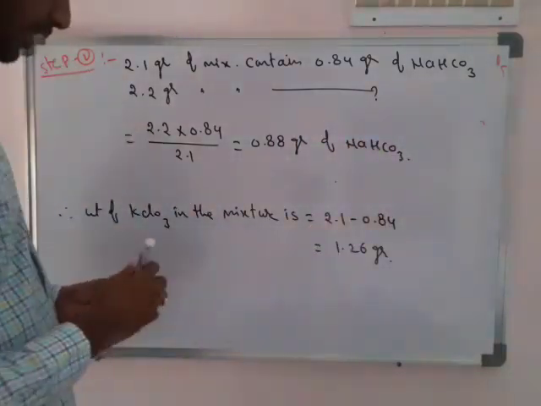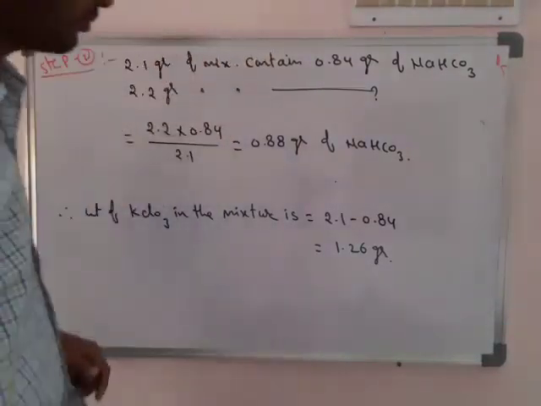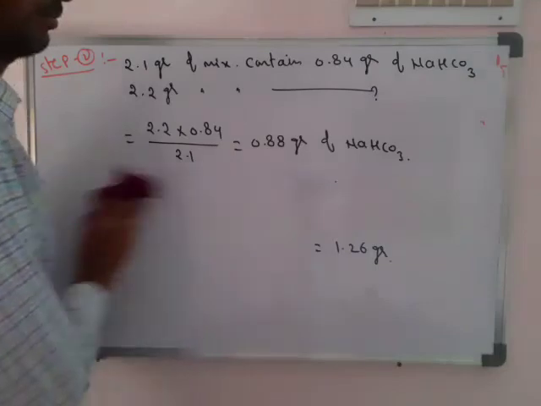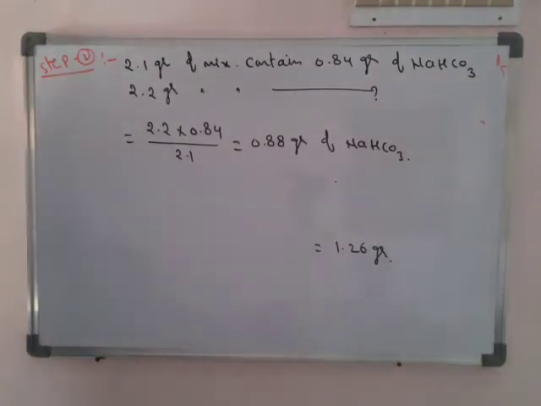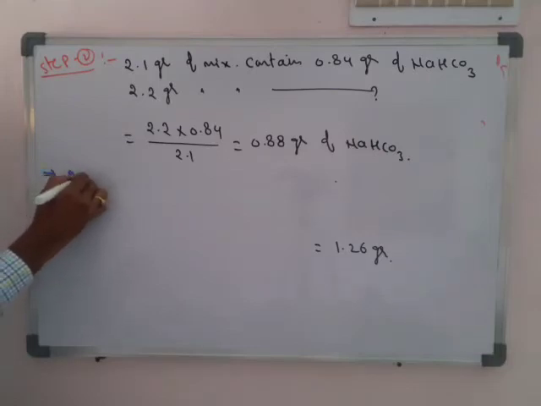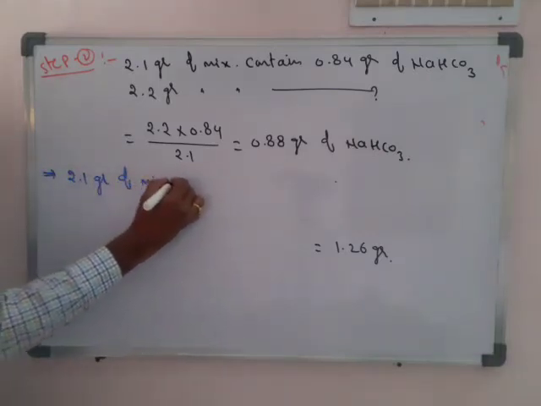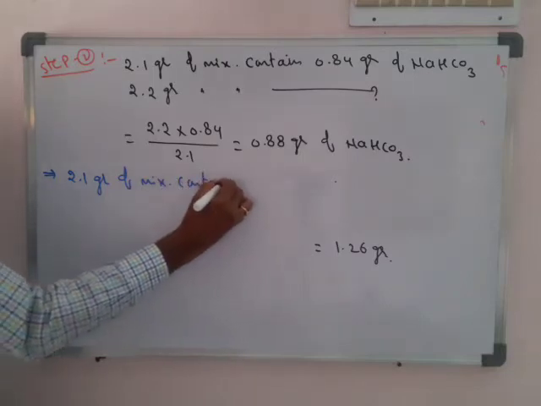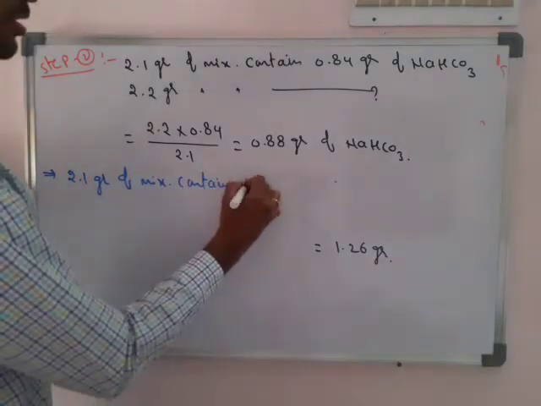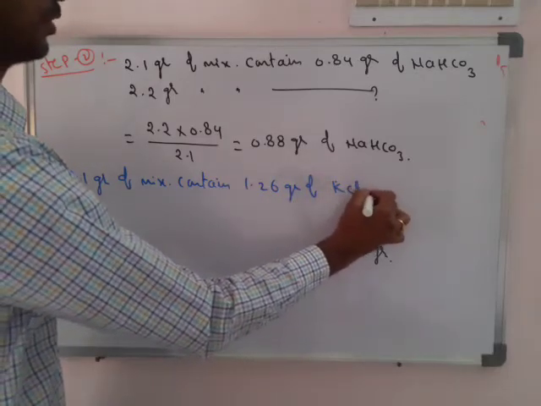In the same model, we have to find out KClO3 in 2.2 grams. 2.1 gram of mixture contains how much? 1.26 gram of potassium chlorate.